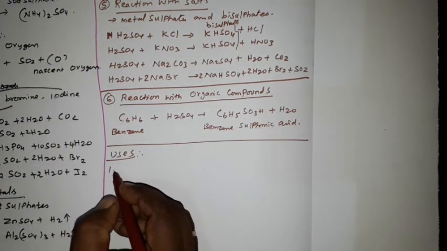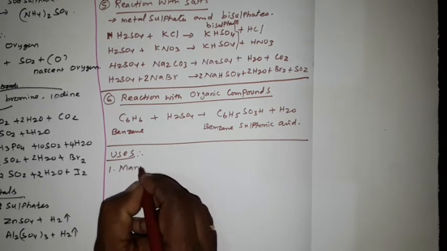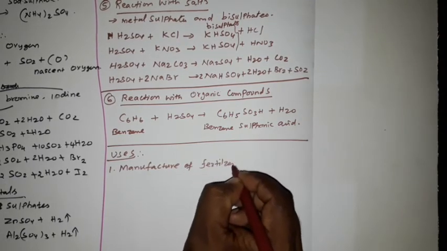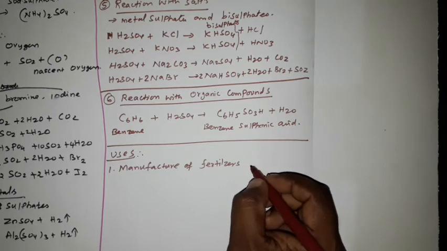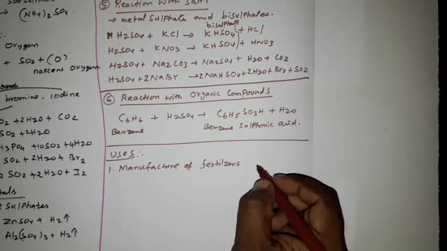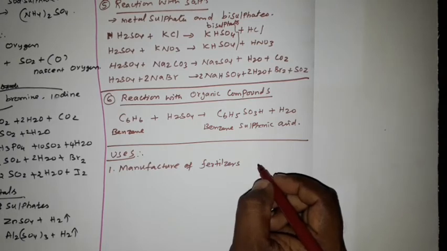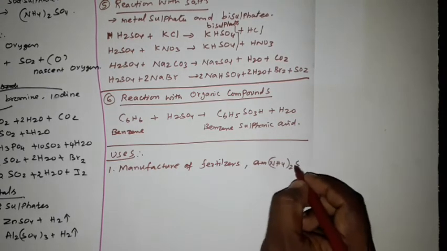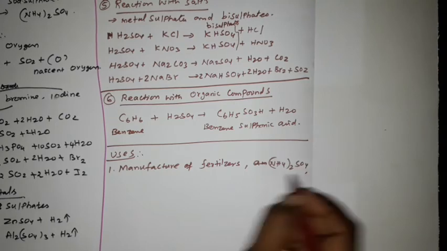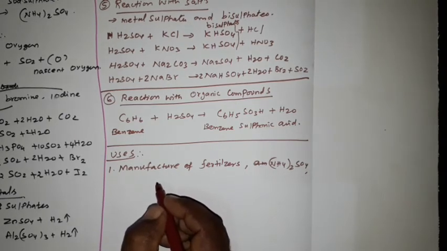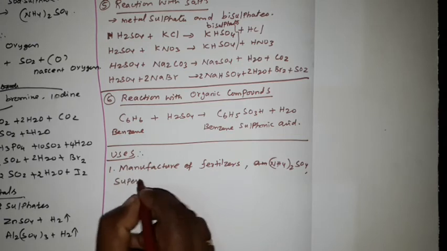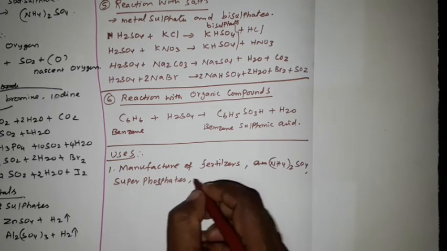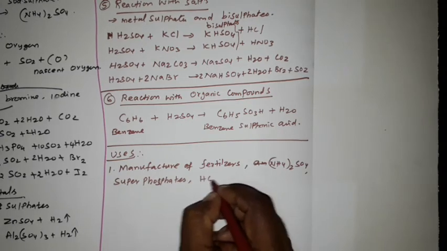Sulfuric acid is used in the manufacture of fertilizers, that is ammonium sulfate, (NH4)2SO4, and superphosphates, and other chemicals such as hydrochloric acid, HCl.